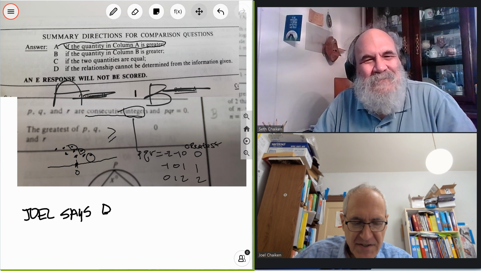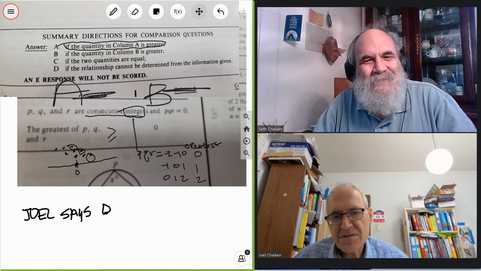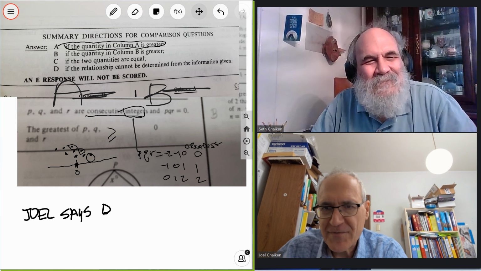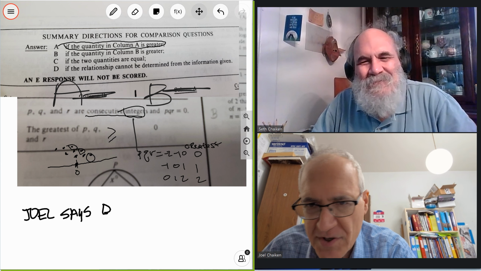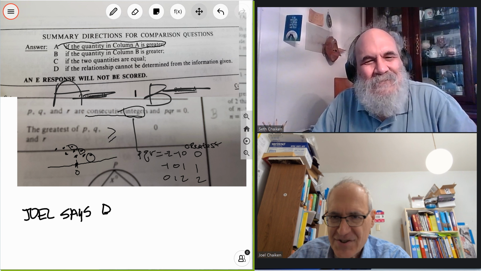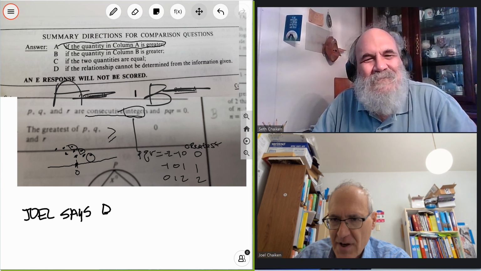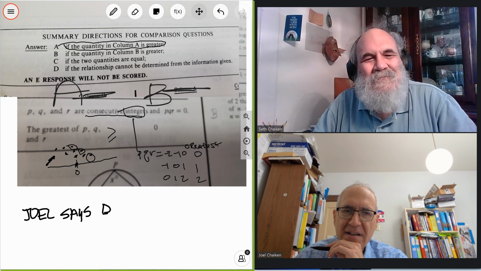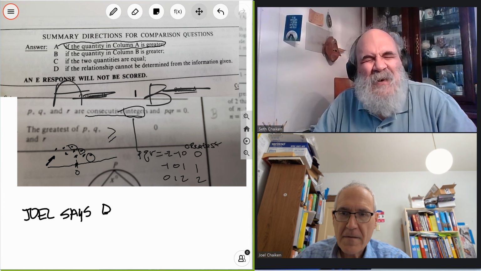The answer, I actually have the answers here, is D. So I would have gotten it right, but for the wrong reason, because I said P, Q, and R could be anything. That's completely untrue. The greatest of P, Q, and R can't be less than 0, right? It cannot be negative, because one of them must be 0.